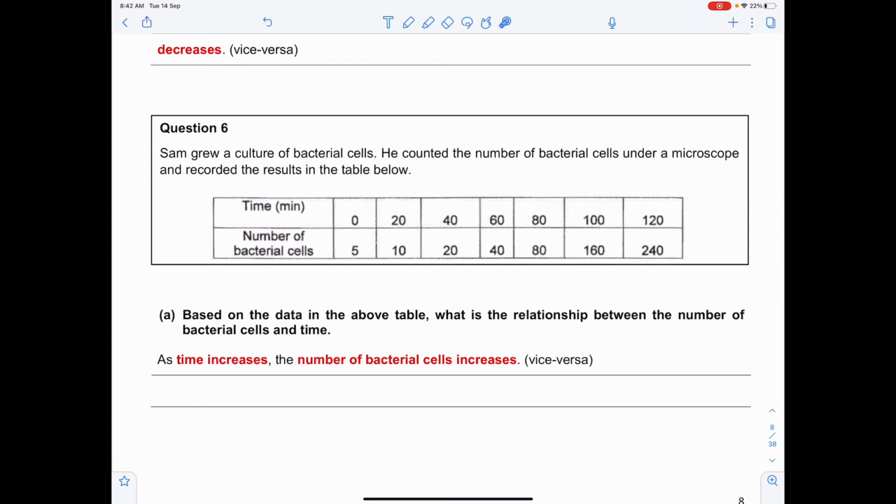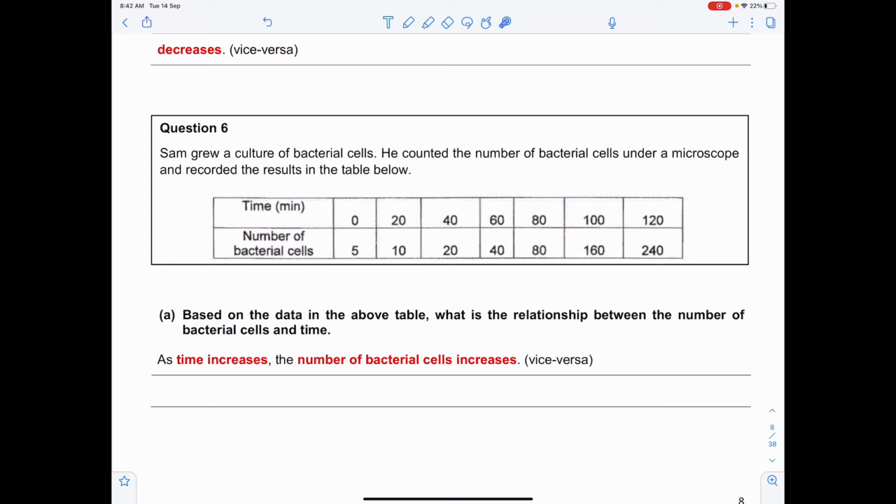Same for your control. Everything else must be the same. But you want to find out if ethane gas actually helps with speeding up the ripening process, so you need to put in the ethane gas. Now the ethane gas in this case is actually a ripe banana. They tell you that a ripe banana releases ethane gas.